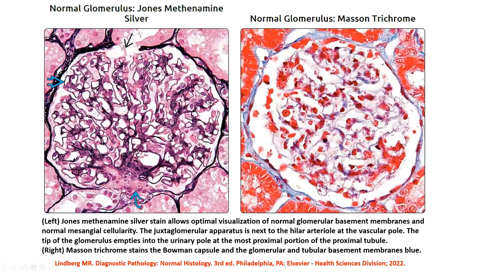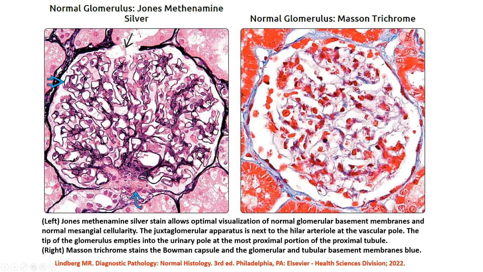However, the most important stain that is utilized to pick out the glomerular basement membrane is not the PAS stain, rather it's the Jones methenamine silver stain, which is a mandatory stain that needs to be performed if you are to assess the structure of the glomerulus.